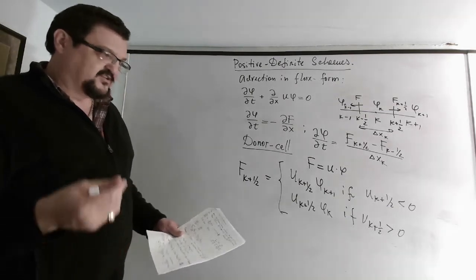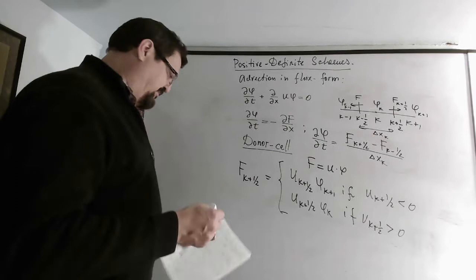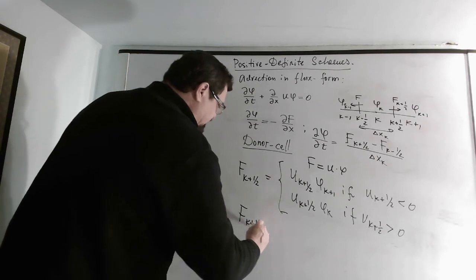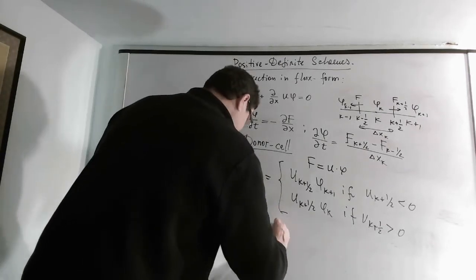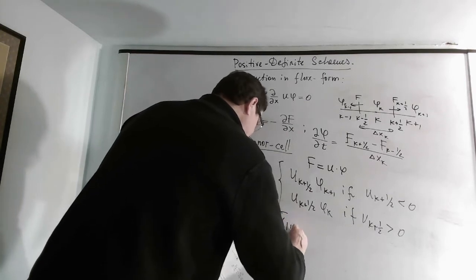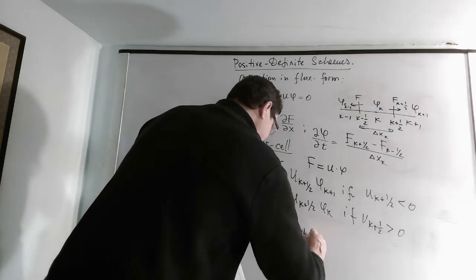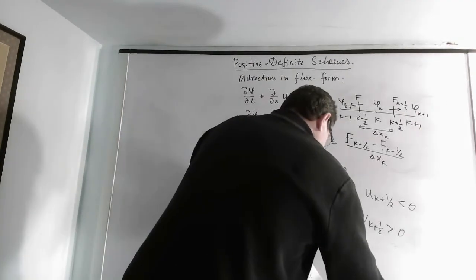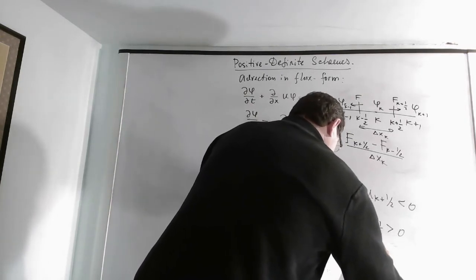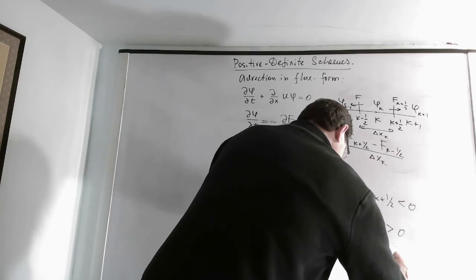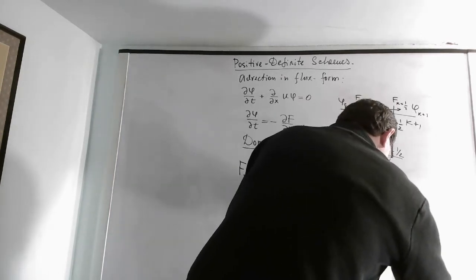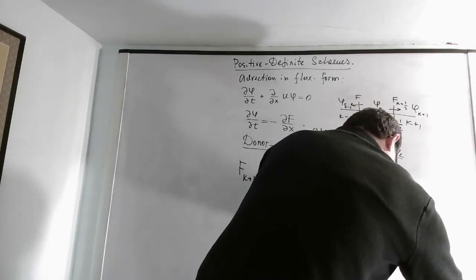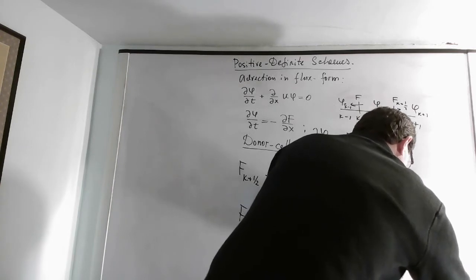Depending on architecture, it's not always true for all computers, but you can replace it with a hack to avoid if statements. You can write it as u at k plus 1/2 plus absolute value of u at k plus 1/2, times phi k, plus u at k plus 1/2 minus absolute value of u at k plus 1/2, times phi k plus 1.